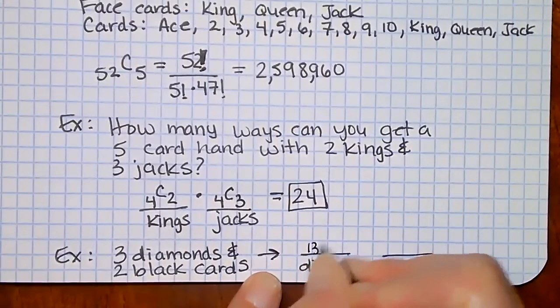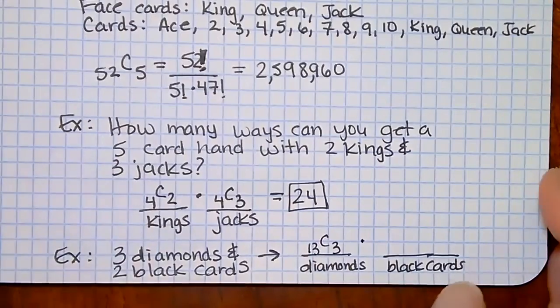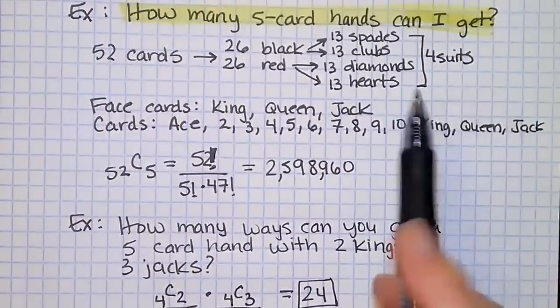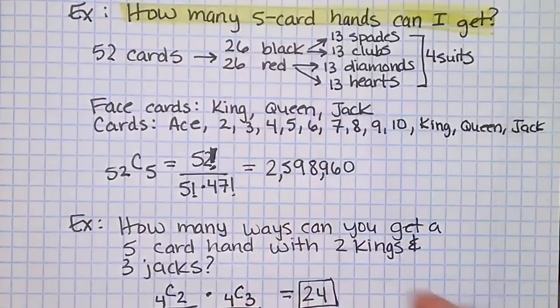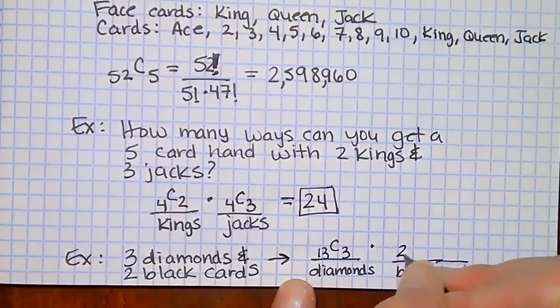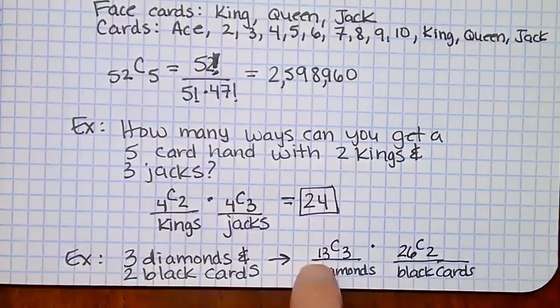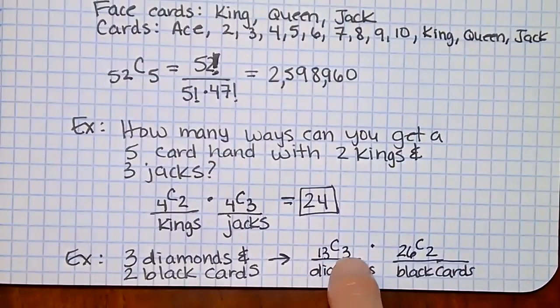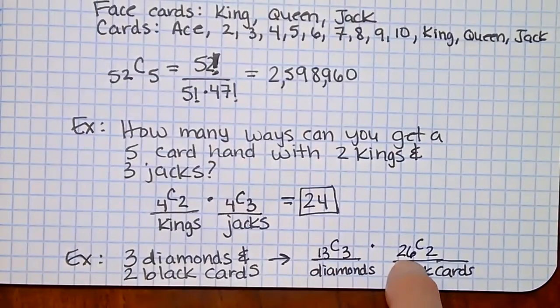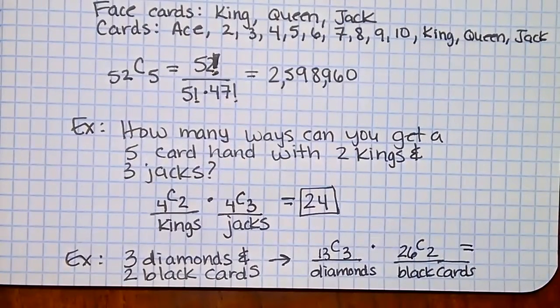So this is going to be 13 choose 3, times black cards. Well, how many black cards are there? We have 26 black cards. And how many black cards do I want? 2. 26 choose 2. So this is how many diamonds I have, this is how many I want, how many black cards I have, how many black cards I want. And using the fundamental counting principle, I'm going to multiply these together.